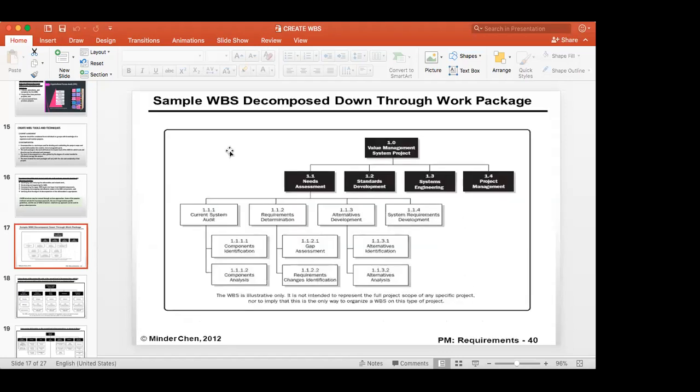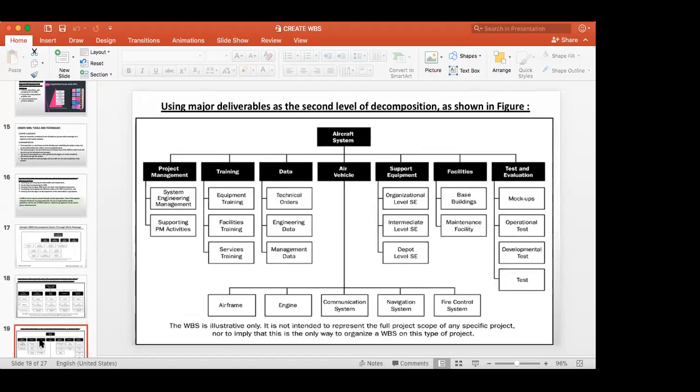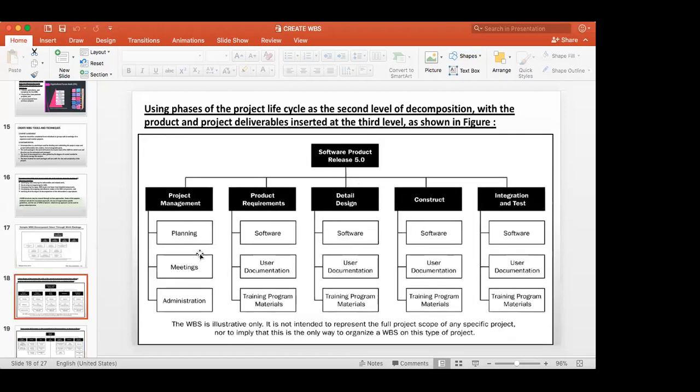There are three decomposition methods: work package, project life cycle phases, and deliverables, major deliverables. Those three things were directly asked in the last paper. So that's one question; then you ask about decomposition. This is the decomposition technique.